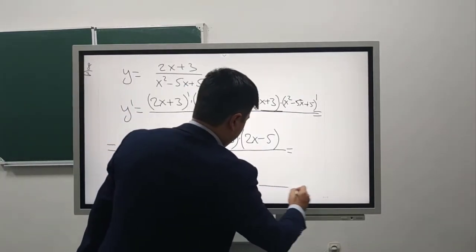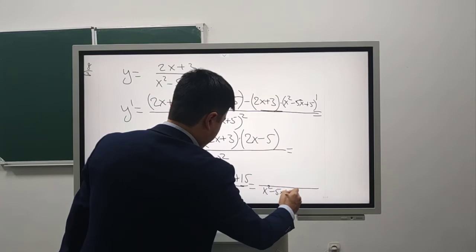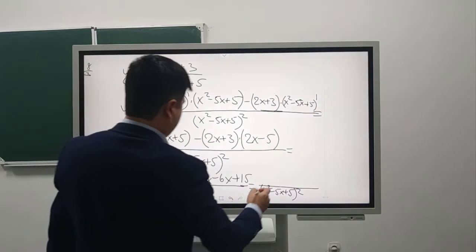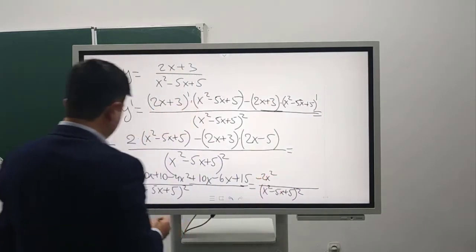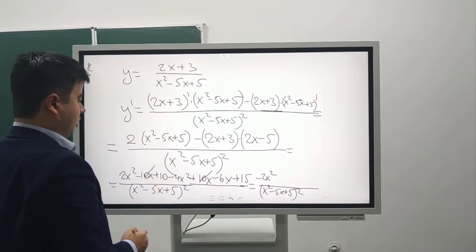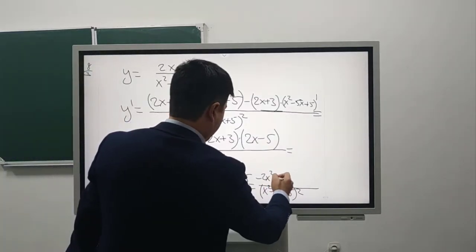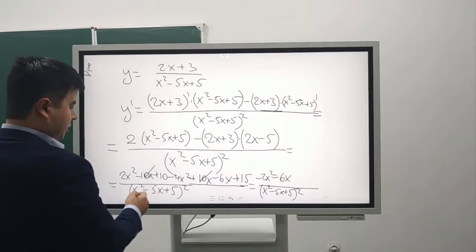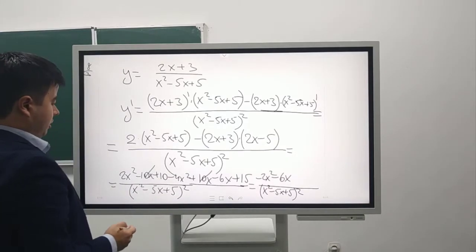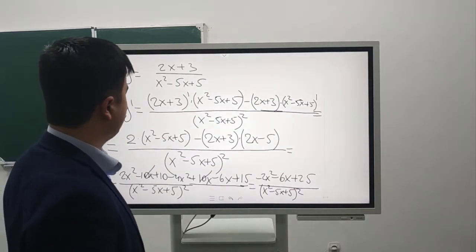So the final one, after simplifying, is over x squared minus 5x plus 5 squared, and the top is 2x squared minus 4x squared. This is minus 2x squared, minus 10x plus 10, they are cancelled, and we have just minus 6x, and the last one is the free term, 10 plus 15, so plus 25. This is the answer of our example.